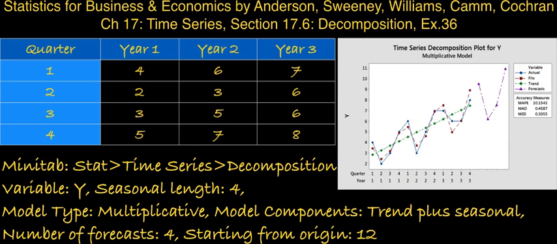And if we calculate that out, we get 7.9, and then if we multiply that by the seasonal index for quarter 1, which is 1.20501, that's what gives us the 9.5241 as the forecast revenue for year 4 quarter 1.